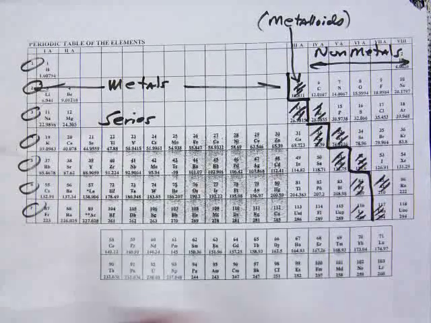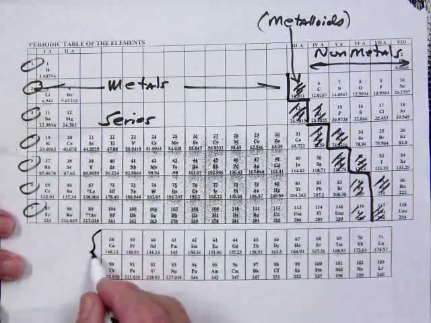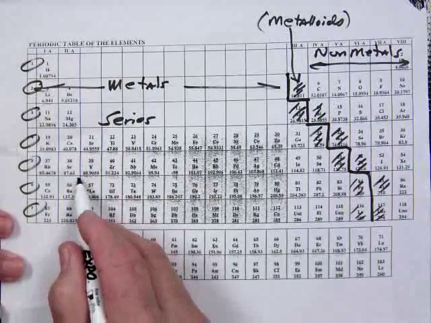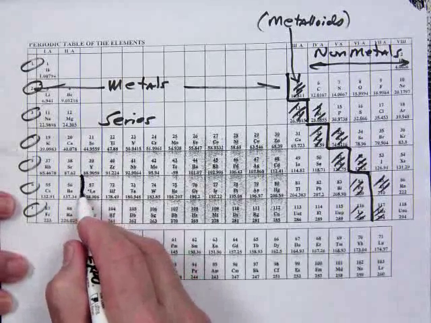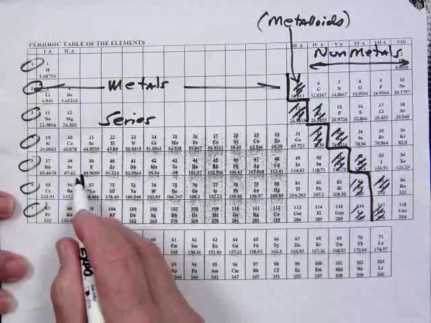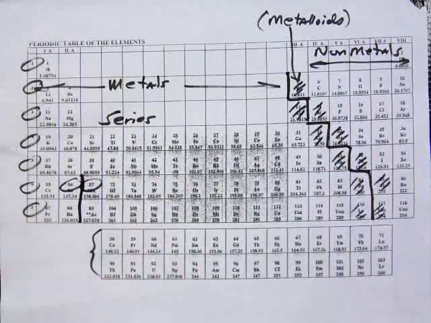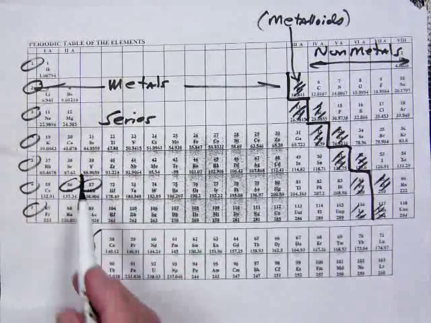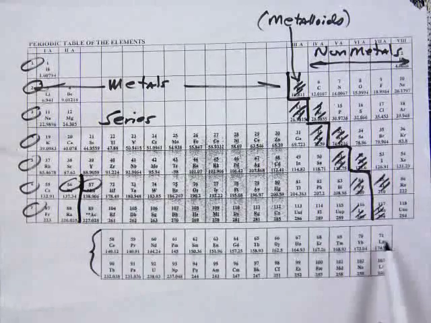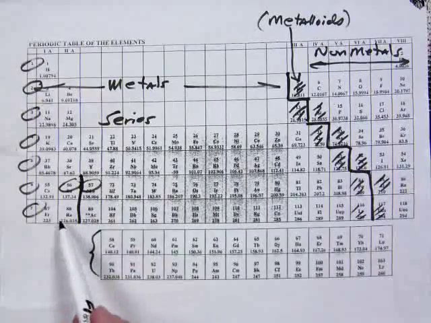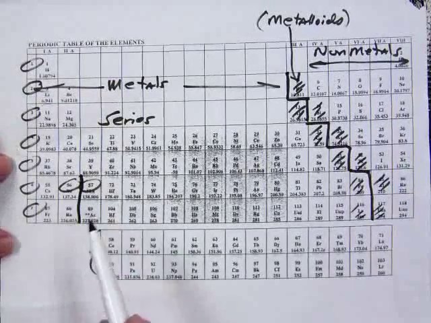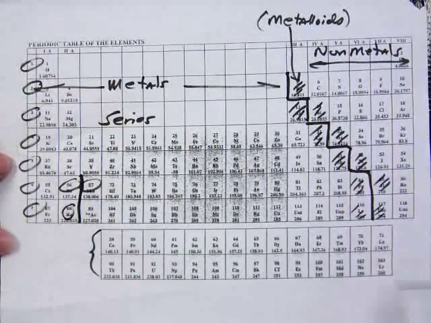So we have these series. Also notice that the inner transitions will fit right here. Notice how one is 56, and then you go to 57. So 56, then you drop down to the lanthanide series, and then in the second one down here, radium, then you drop down to thorium.